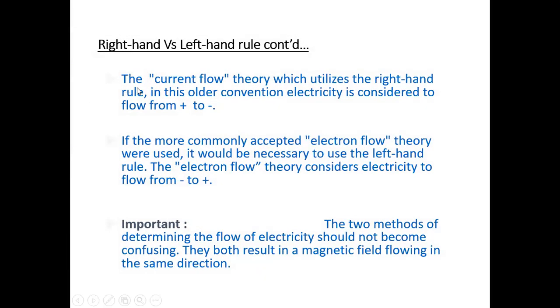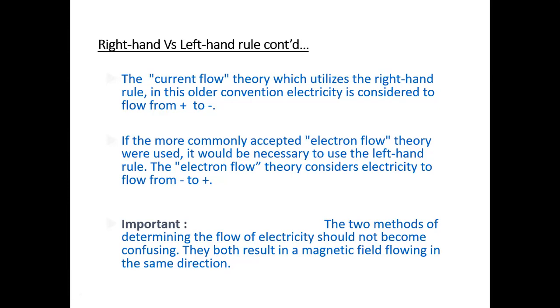Here we'll see the right hand current flow theory, which utilizes the right hand rule, and the older convention, where electricity is considered to flow from positive to negative in the case of current flow theory. In the case of electron flow theory, electricity is considered to flow from negative to positive. Now, important: the two methods of determining the flow of electricity should not be confusing.